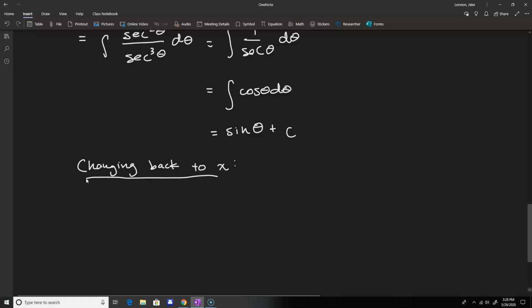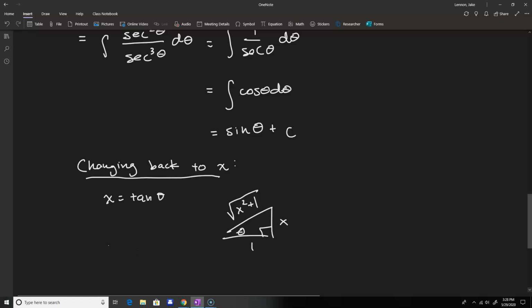What happens is we think about our substitution, which was x is equal to the tangent of theta. Well, the easiest way to think about that is if you had some right triangle and we had theta here, then the tangent is really what? It has to be opposite over adjacent, so that would basically make this side x and this side 1. And then from the Pythagorean theorem, we know the hypotenuse would be the square root of x squared plus 1.